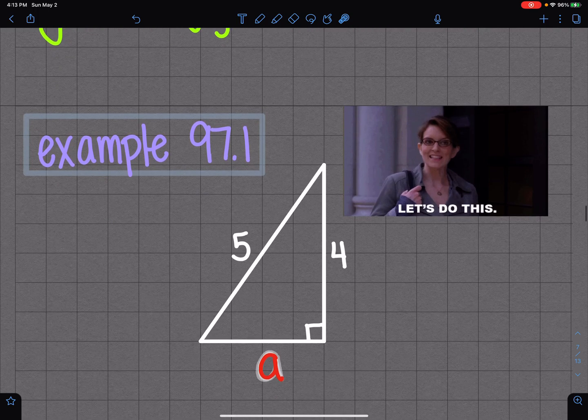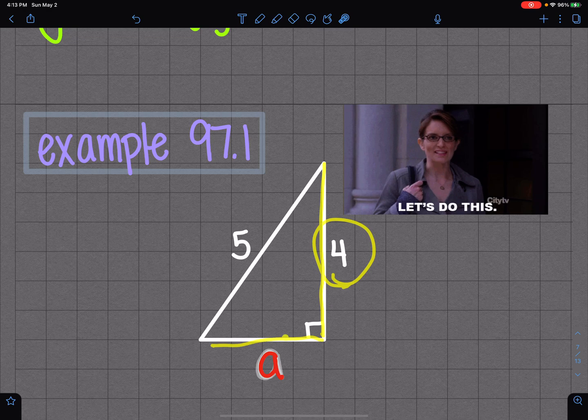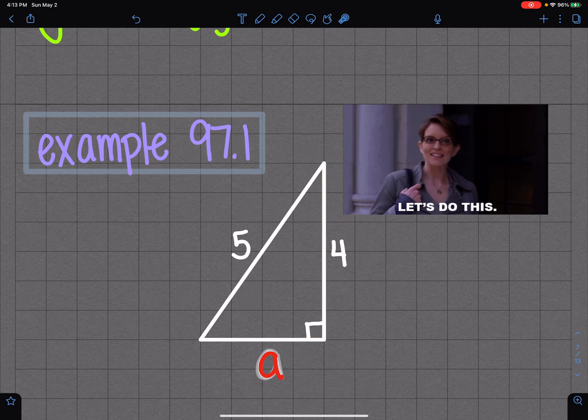So let's do that with example 97.1. It says, given the triangle with the lengths of the sides as shown, so this length is 4, and this length is A, use the Pythagorean theorem to find A. Okay, so we know it's a right triangle, so that's when you start thinking of Pythagoras.